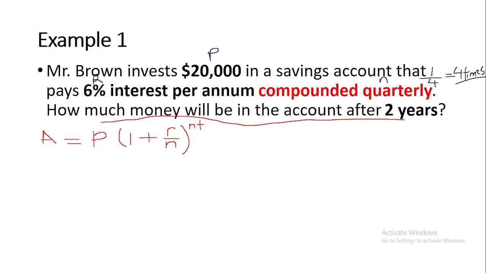So it compounds 4 times. So that's my N. My time, T, is going to be 2 years. Alright, so now that we have all three variables, we're just going to rewrite our formula. So A is equal to, the total amount is equal to, our P is 20,000.